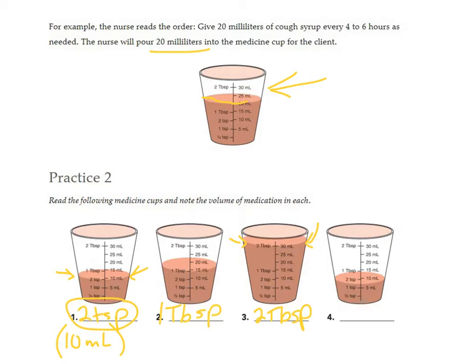And then lastly, it looks like it's halfway between the 1 and the 2 on the teaspoon side, so that would be 1.5 teaspoons. And if you're indicating that in metric units, halfway between 5 and 10 is what's being shown there, and so that would be probably about 7.5 milliliters or somewhere around that.